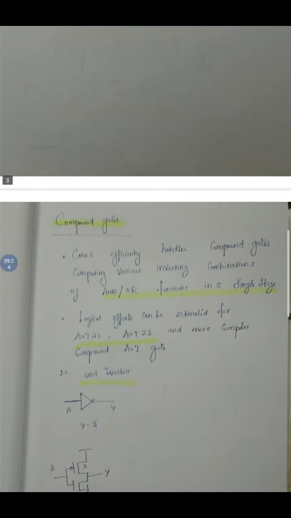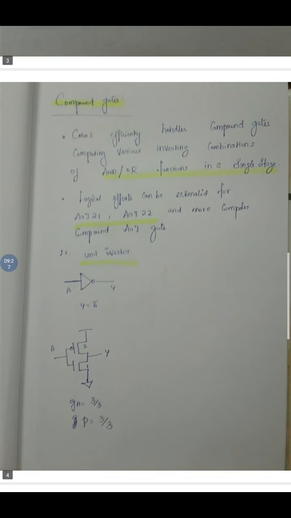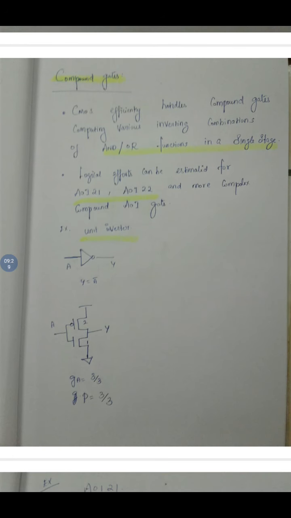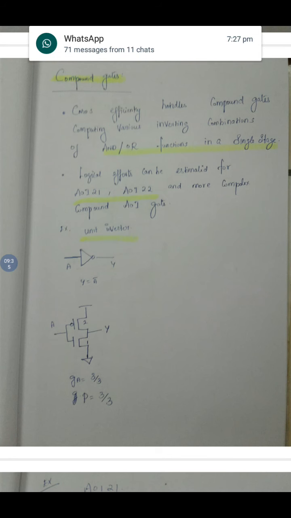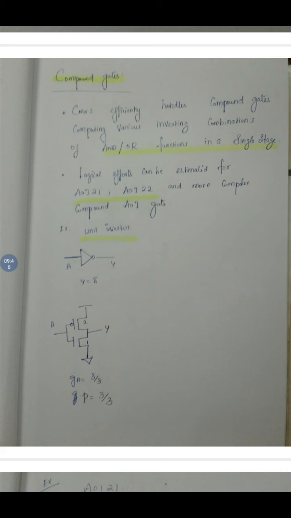And in continuation to that, we'll discuss the compound gates. Compound gates are nothing but, in CMOS technology, as I said, it is helpful to find out the logical efforts of various inputs, and the logical efforts can be estimated for AOI 21, AOI 22 and some complex circuits also.